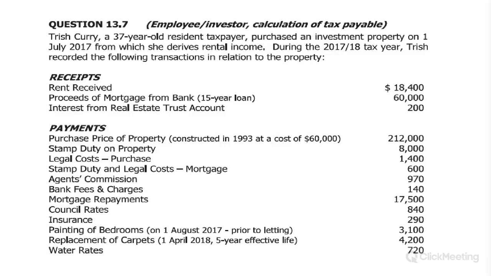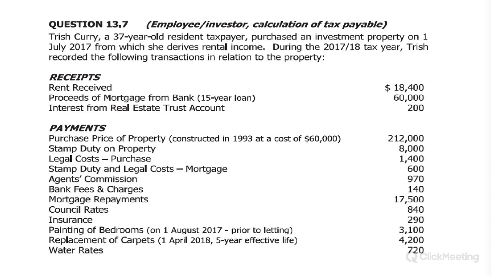That's correct, Kamal. Stamp duty is not an income and not an expense, so you won't be able to take it. So you will have to work your way around it. Now, in this question, notice you have been given that this building was constructed in 93 at a cost of $60,000.